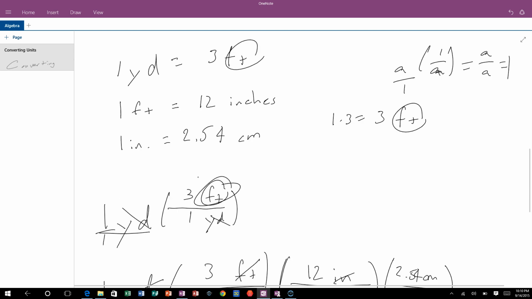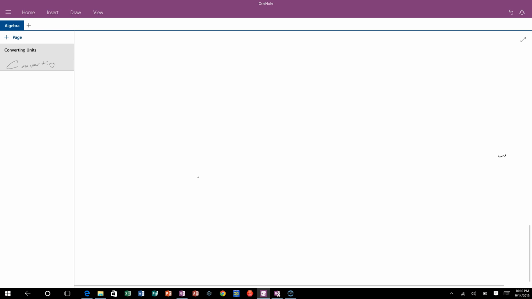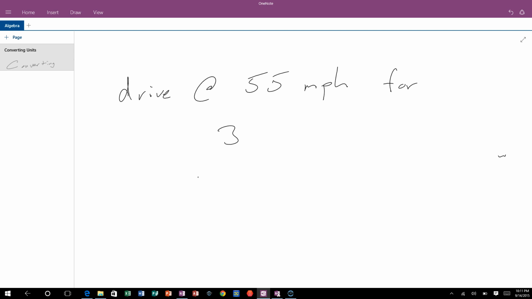You can also work on this when you're thinking about speed and distance. And I used to be able to scroll this thing up more, but I can't now. Oh well. Suppose you drive at 55 miles per hour for 3 hours. Okay?